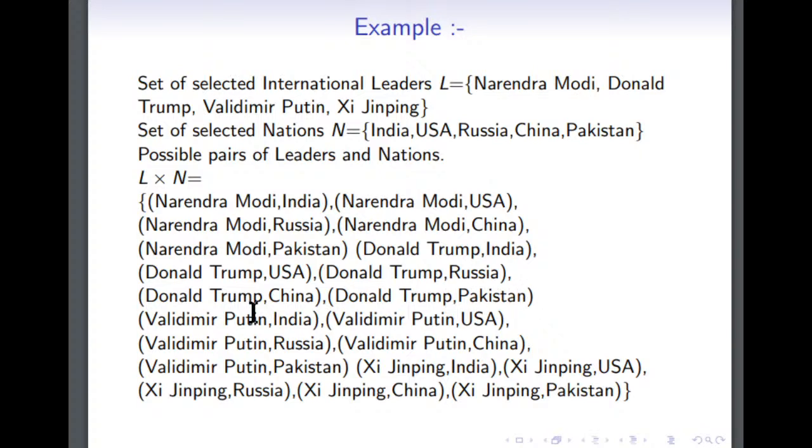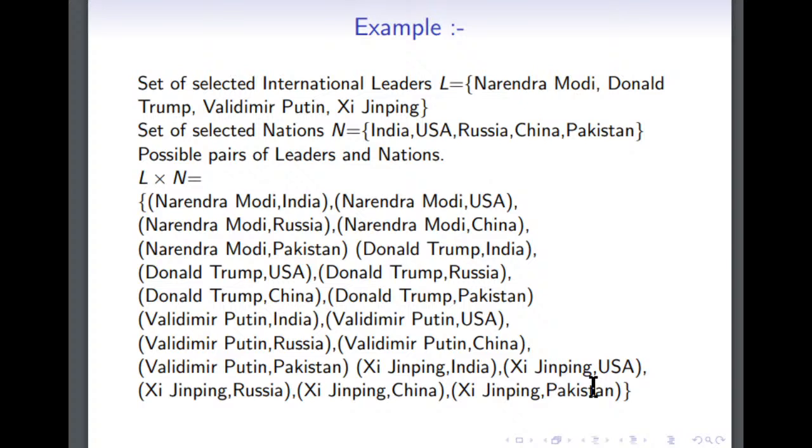Now Vladimir Putin: Putin with India, USA, Russia, China, Pakistan. Then the last leader, Xi Jinping: Xi Jinping with India, USA, Russia, China, and Pakistan. There is no other ordered pair in this possibility. I included all these. So this is the benefit of the Cartesian product.